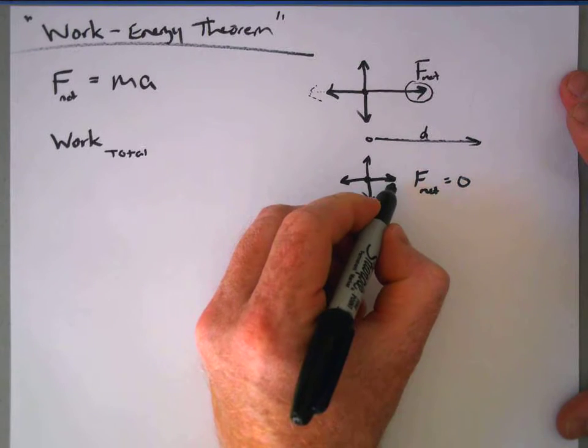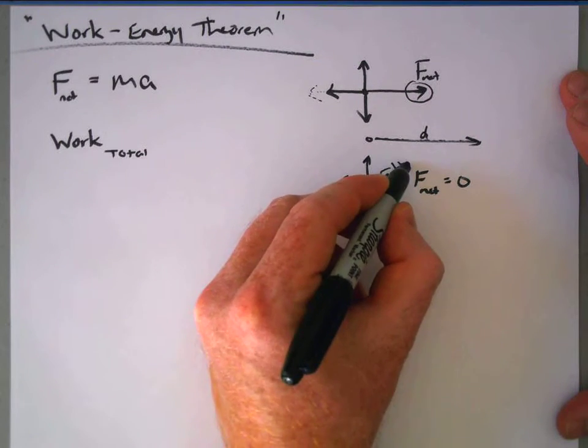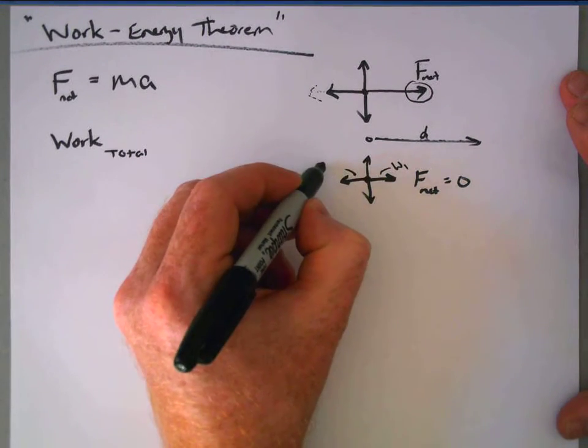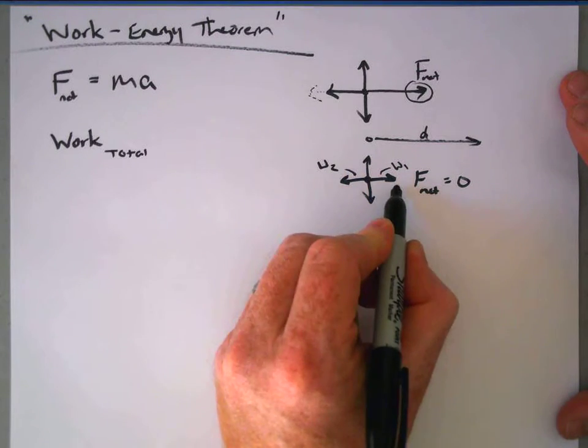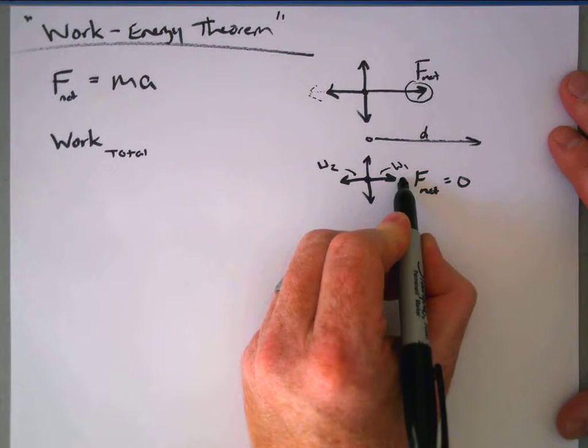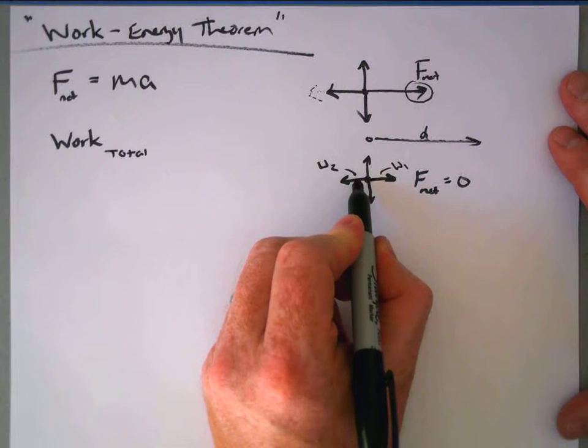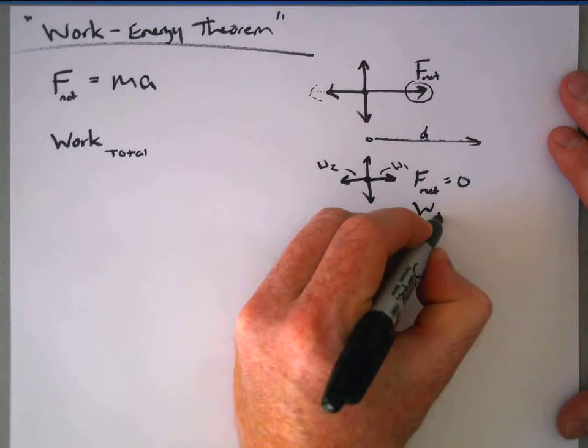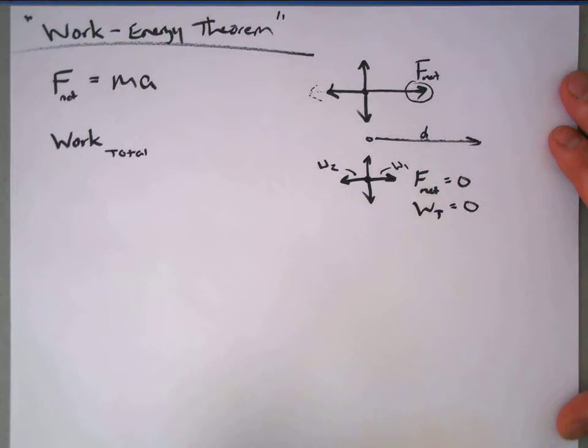Well, I have work done by this force, and I have work done by this force, but this would be negative work, this would be positive work, and they would end up canceling out. So if the net force is 0, the total work done would be 0.